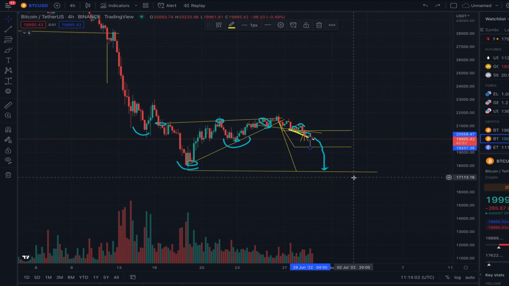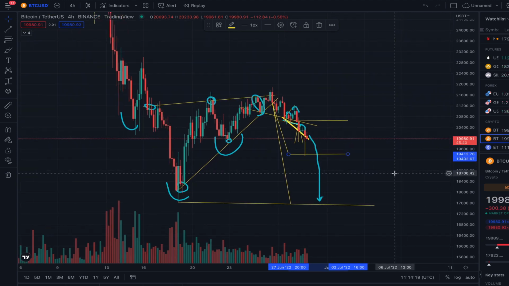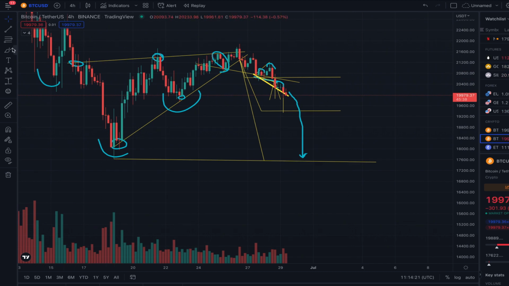Now, if I was in a short position, as it reaches this first price target here at 19,400 or even about 19,500, now I would close my short positions. The reason I will do that is because of the opportunity cost. What will be the opportunity cost for me to close my trade at here, say 19,500 to 19,300?